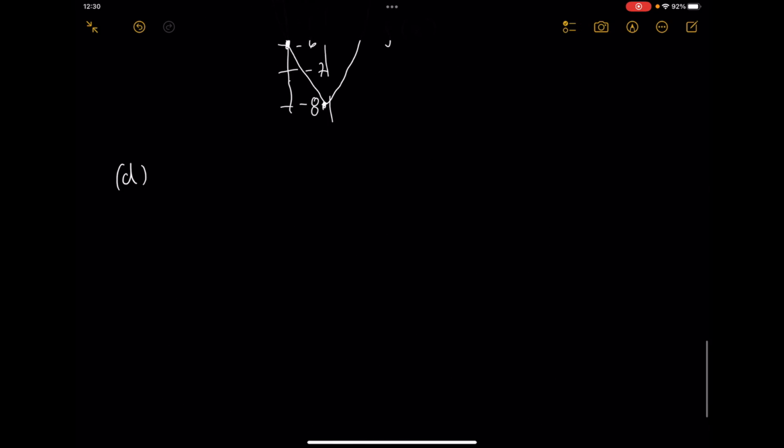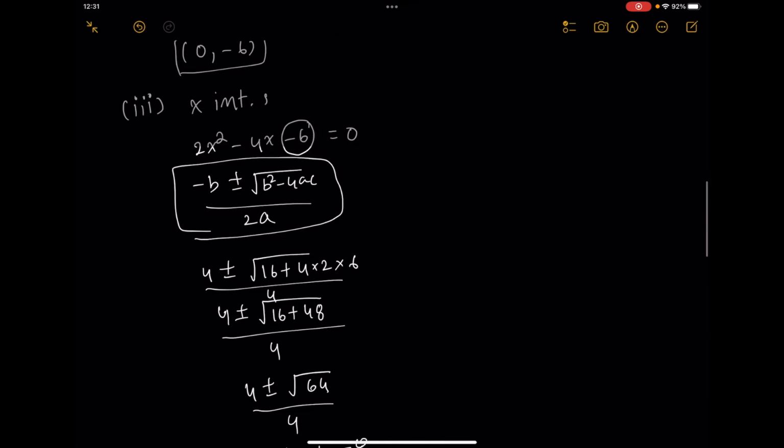Okay, so first let's write down g of x is equal to 6x squared. And we know f of x is nothing but a vertical stretch of g of x, then a translation of 1 to the right and 8 down. Now how do we come to this?